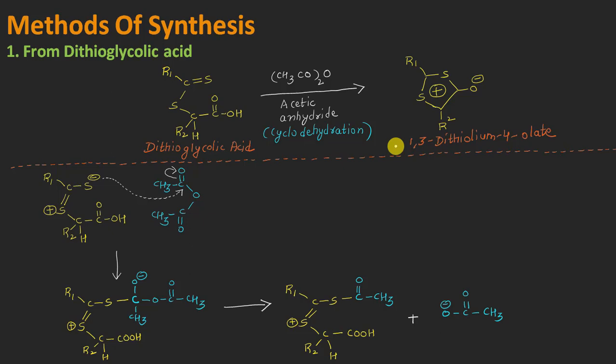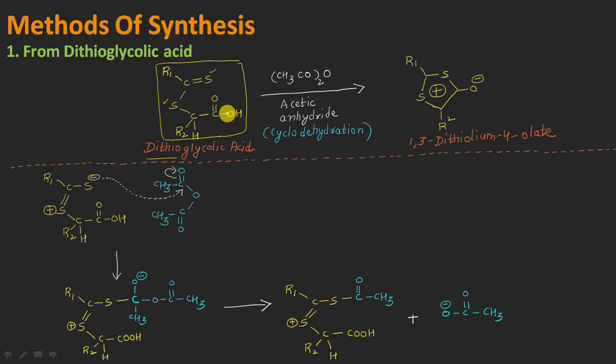The first one starts from dithioglycolic acid, which has a structure something like this. It contains two sulfur atoms, the first one and this is the second one. That is why the term dithio, and it also contains one carboxylic acid.